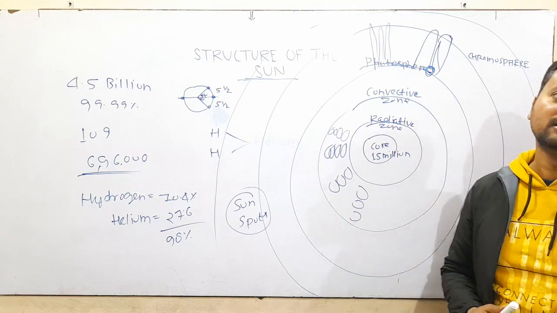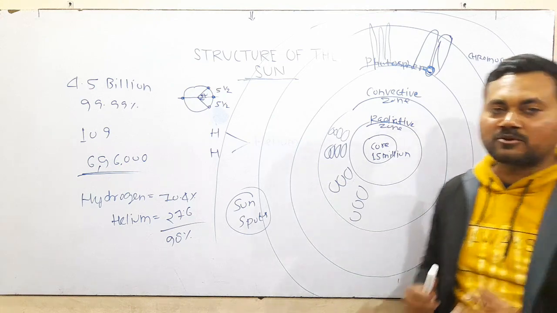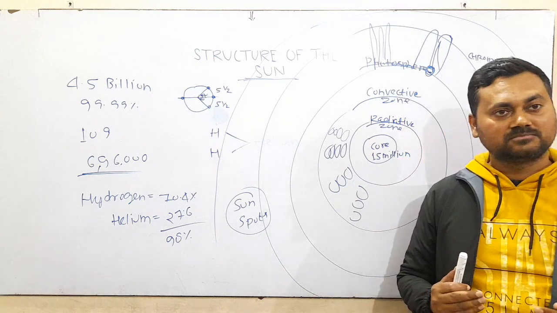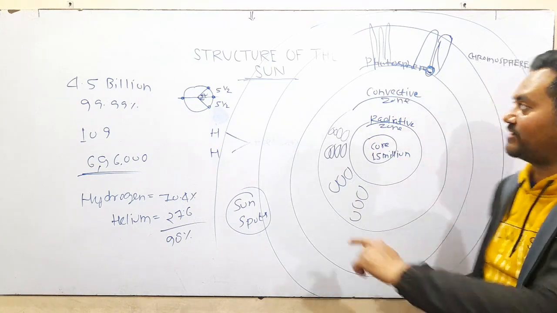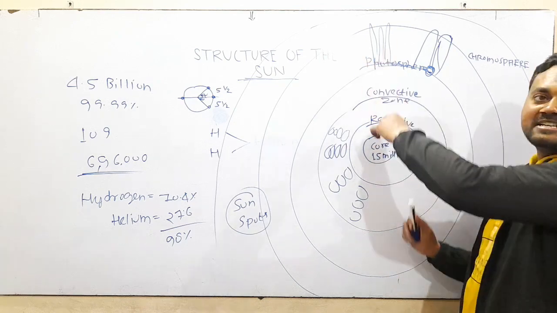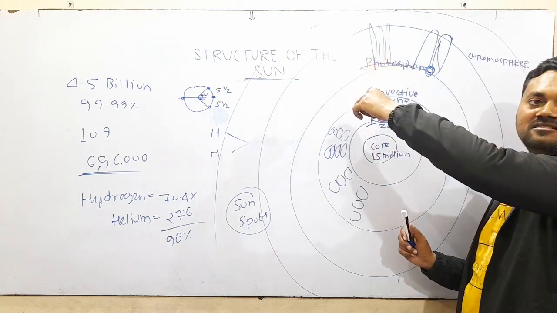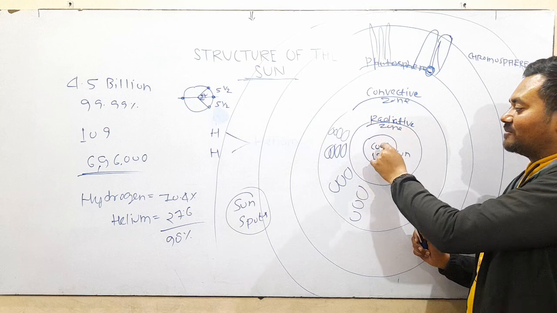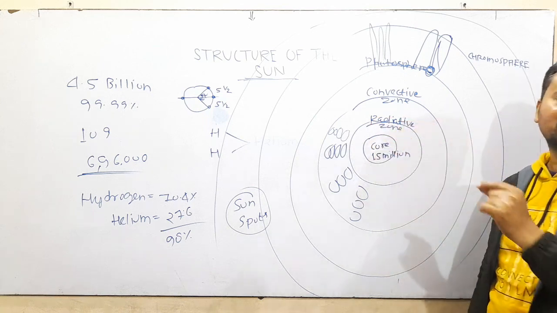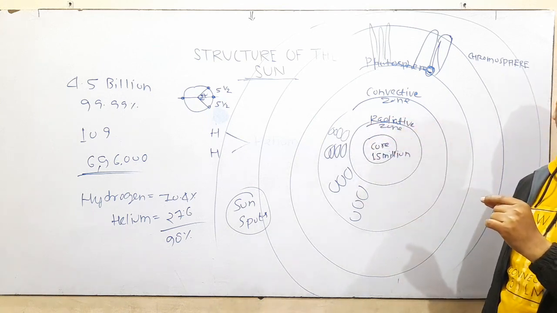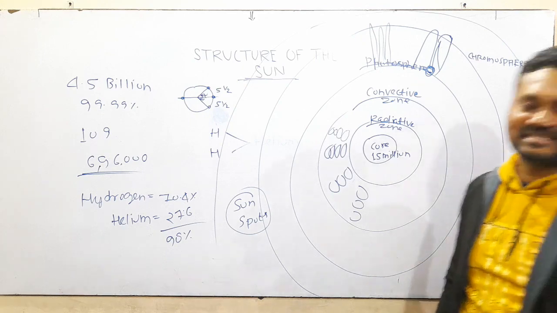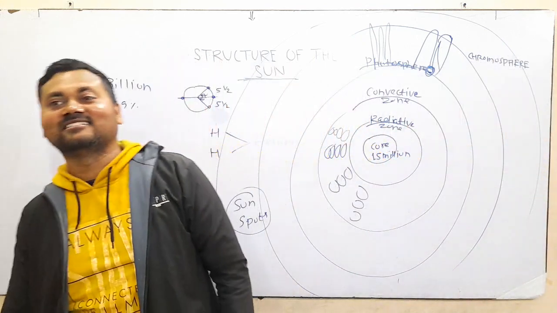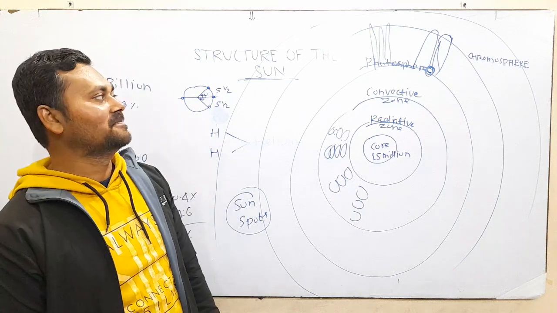You are right. The temperature of corona is in millions. Minimum 1 million degrees Celsius, despite the fact that corona is the farthest layer from the core of the sun. So this thing is quite ironical in nature, but this is the reality.